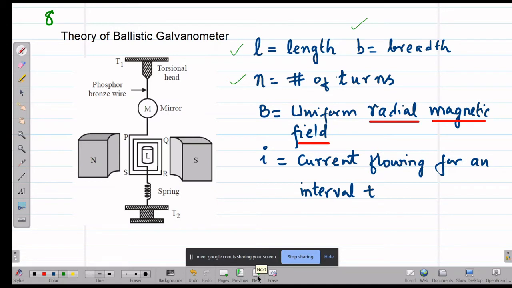Hello? Nobody is there? Yes, sir. So what will happen to the coil when this current flows through it?